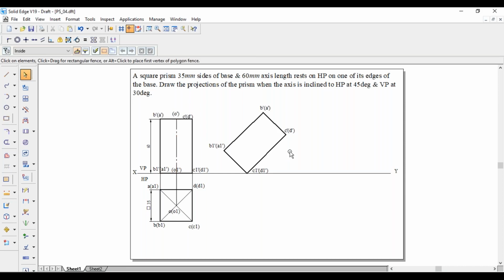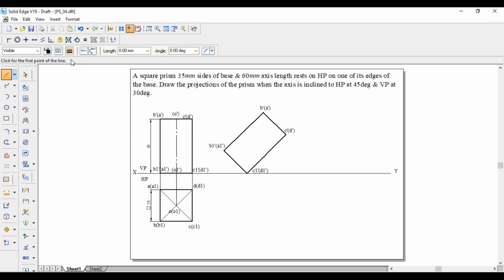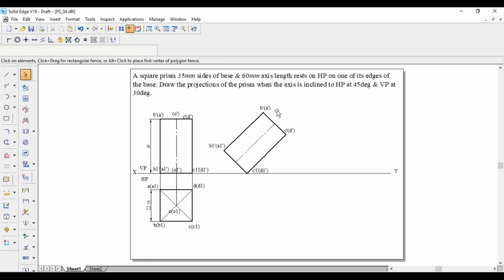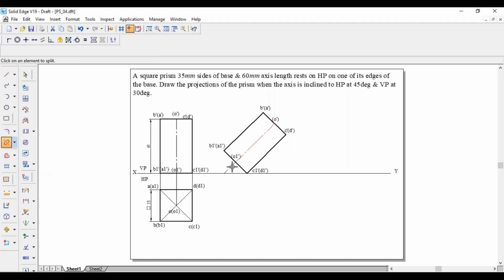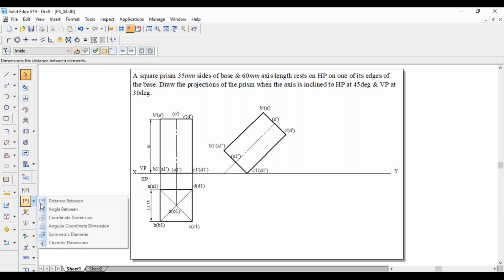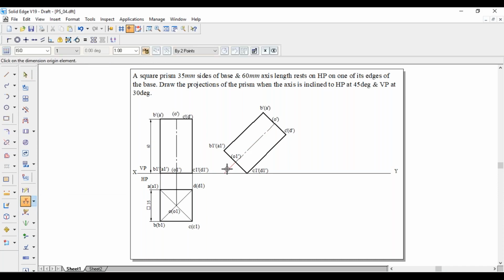Whereas this axis is exactly at the midpoint, from midpoint to midpoint, O dash in the bracket O1 dash. This is 45 degree.